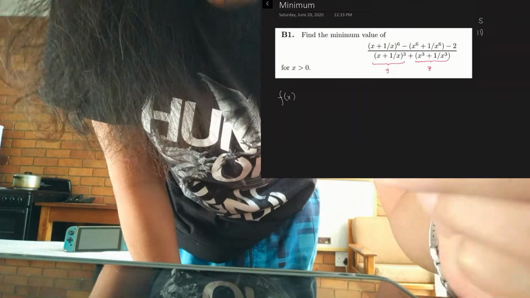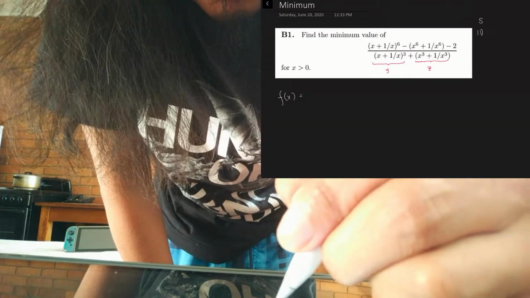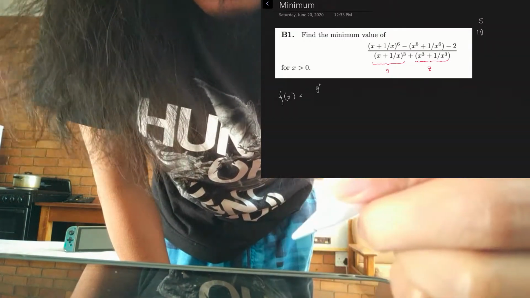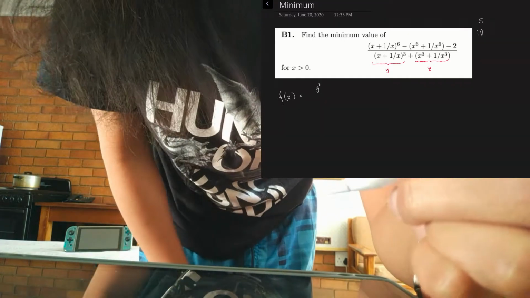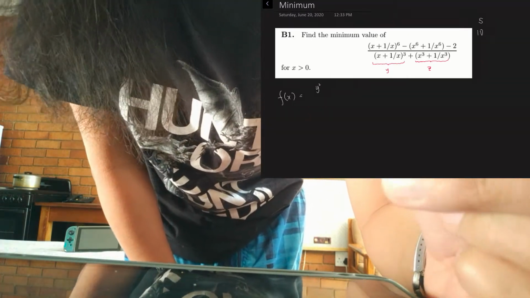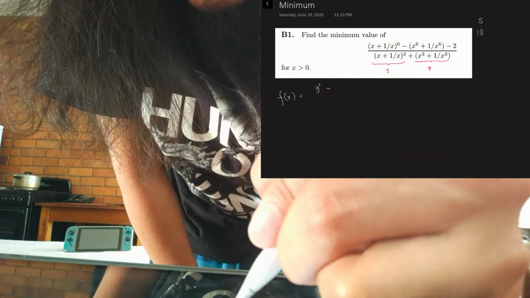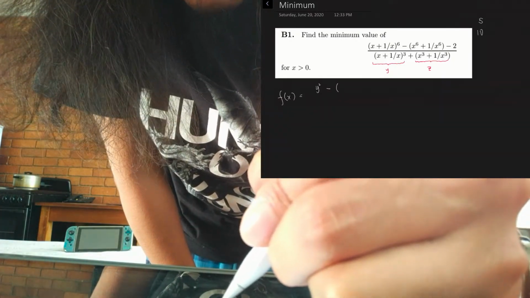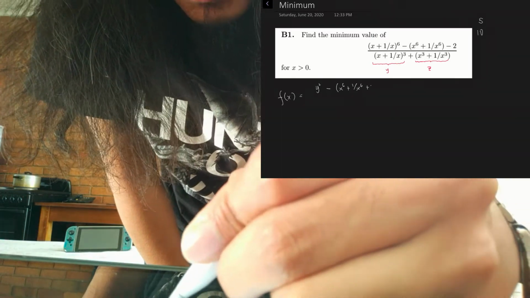Okay, so now we can write our whole function as y to the sixth, because y is x plus 1 over x cubed. Okay, so (x + 1/x)^6 is just y squared minus, let's combine all these things, x to the 6 plus 1 over x to the 6 plus 2.